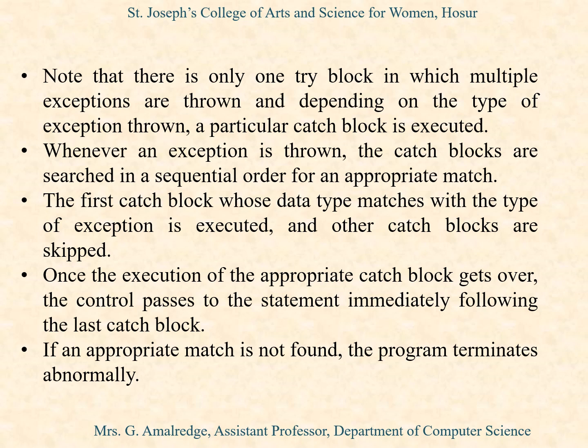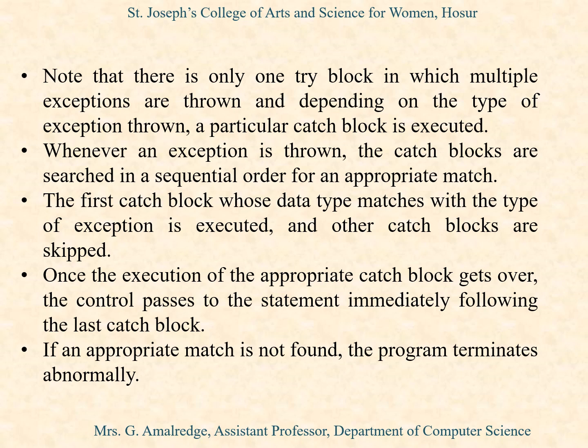In multiple catch statements, we have to know some important things. There is only one try block in which multiple exceptions are thrown, and depending on the type of exception thrown, a particular catch block is executed. Whenever an exception is thrown, the catch blocks are searched in sequential order for an appropriate match.